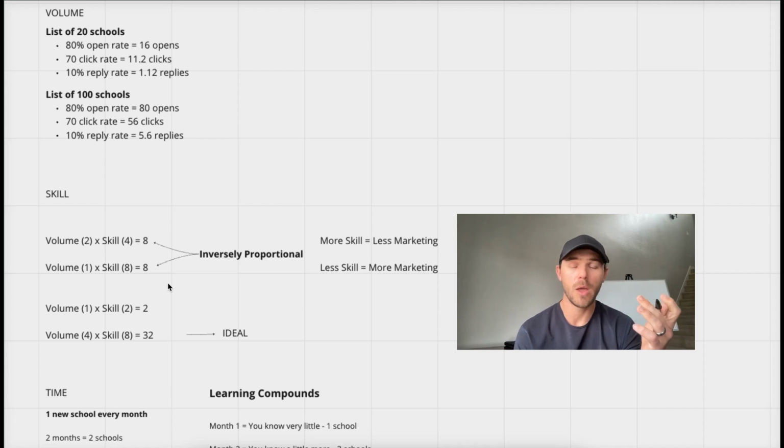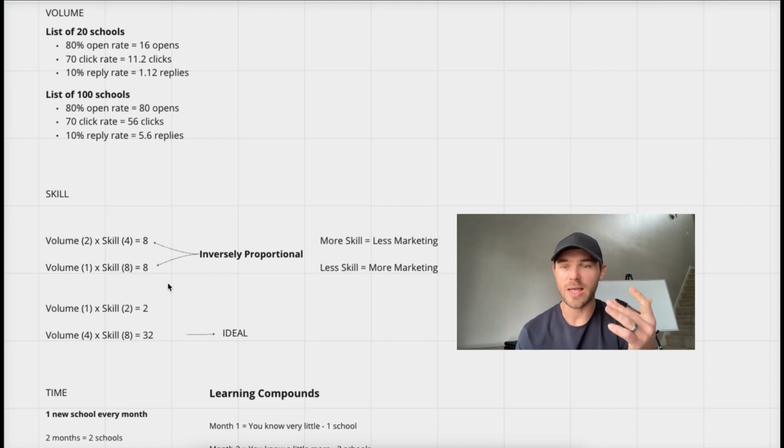You're not that great. But you did twice as much volume as the example below it, and yet your output is going to be exactly the same as the person who only did a volume of 1 but had a skill level of 8, right? They're both going to come out to 8. Why? Because they're inversely proportional. The person who had more skill needed to do less volume. The person who had less skill needed to do twice as much volume to reach the same result. Right? Okay, that should intuitively make sense.